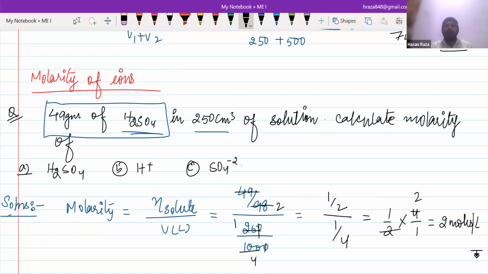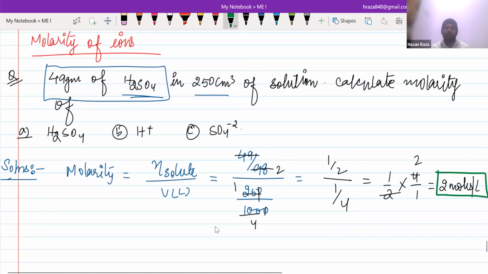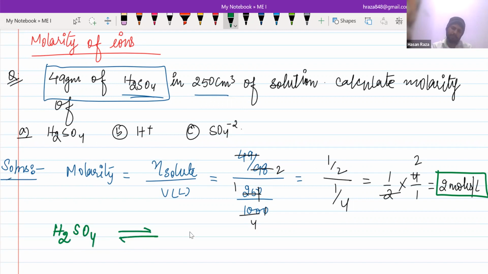Now, how are we going to calculate the molarity of ions? After calculating the molarity of the solution, what you need to do? Dissociate this H2SO4 into its ions and balance it. H2SO4 will give H plus plus SO4 minus 2, and in order to balance it, there are 2 hydrogen here, so we are going to multiply it by 2.